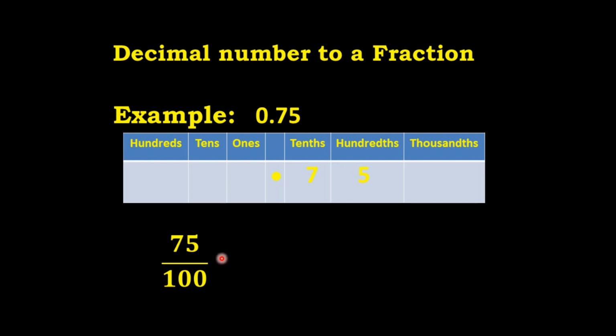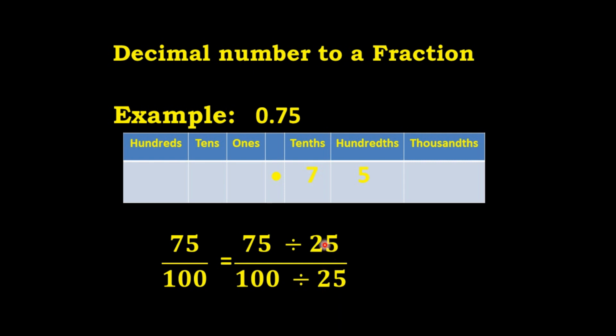Alright, so from this, analyze if the fraction can still be reduced into its lowest terms. In this case, yes. So we need to have our GCF. The GCF of these two numbers is 25.